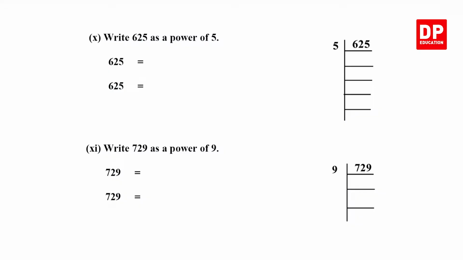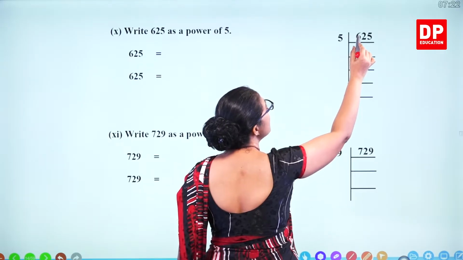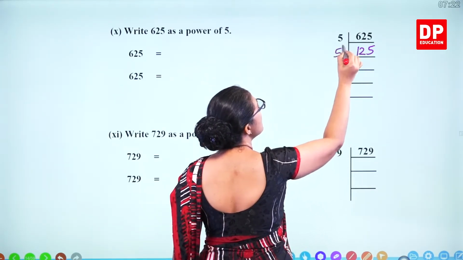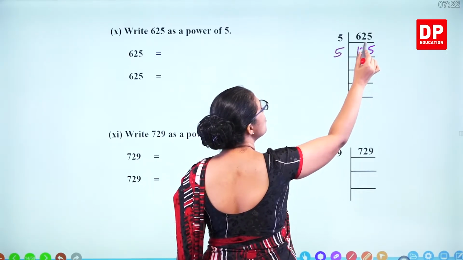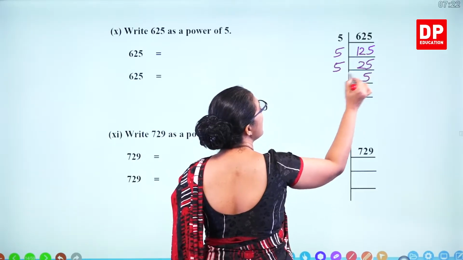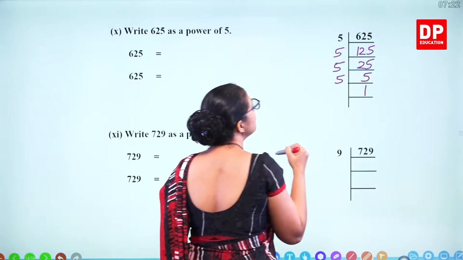Write 625 as a power of 5. Divide by 5. 5 times 1, 5. For 12, that's 2. For 25, that's 5. Divide by 5 again. 2 and 5. Divide by 5 again. 5. Divide by 5 again. That's 1.